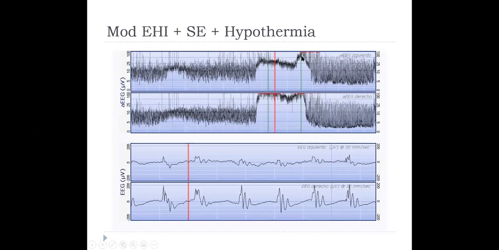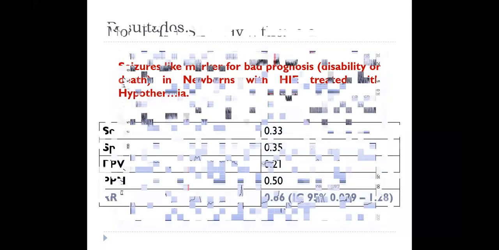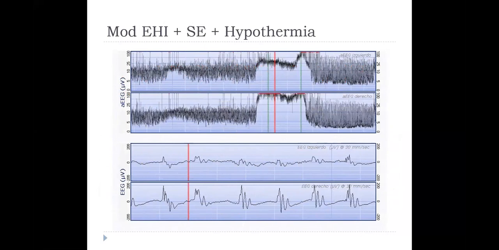It's the same even in the term infant: around 50% of seizures are only electrical. This is very important. And I think this is the explanation of our results. If you have a baby in hypothermia, and you continue monitoring, when you detect one seizure and you start the treatment, you can modify the final outcome.